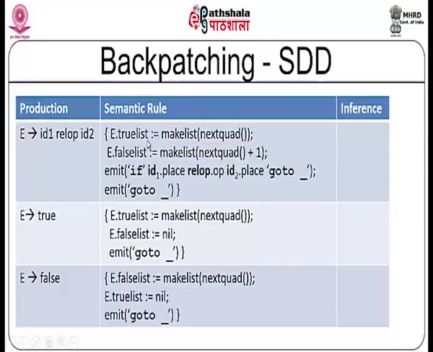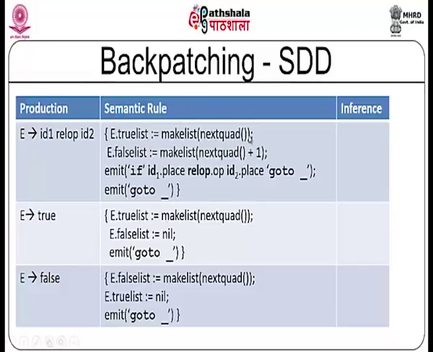So true list means, supposing I am generating a code for a particular line number, that will be incorporating the true information. Okay. So we already know at line number 100, we will say if A less than B, go to something. So 100 corresponds to the position at which I have to come back and put the true label, okay, where I have to go. So my true list will have 100 as one of its arguments.